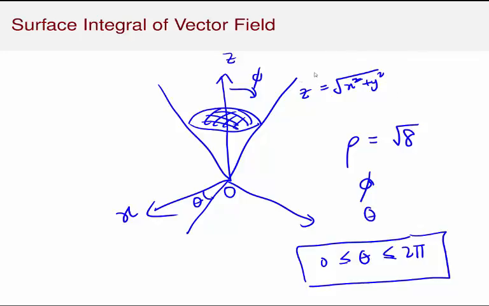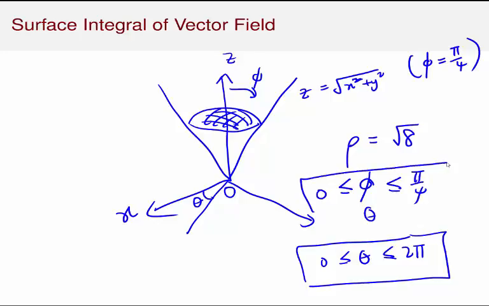But remember, this cone in terms of spherical coordinates is given by phi being equal to pi over 4, which means the value pi over 4 is the upper bound for the parameter phi. So the parameter phi will take on the interval from 0 to pi over 4. Alright?